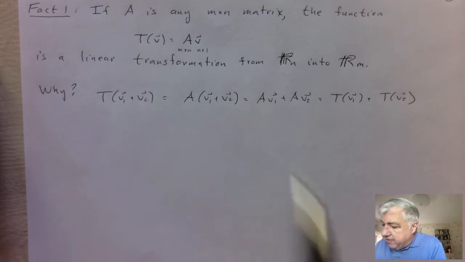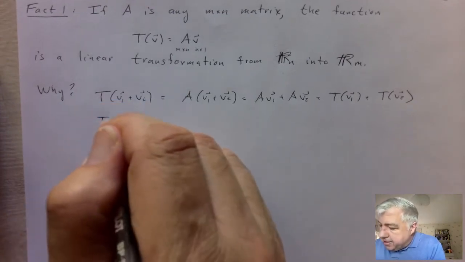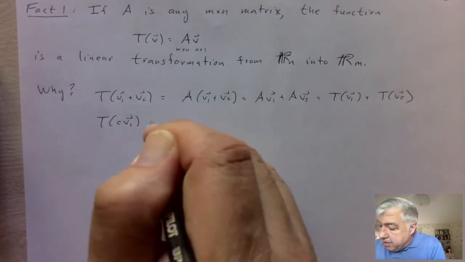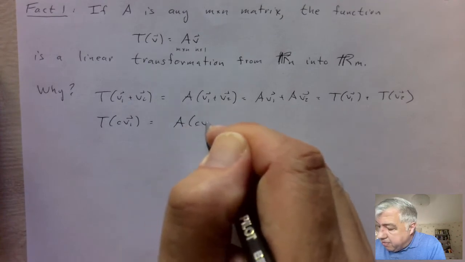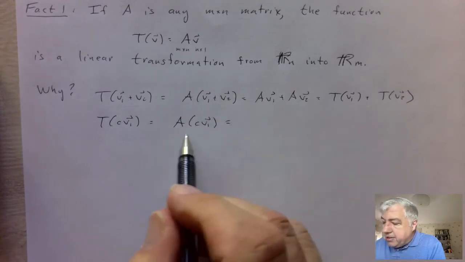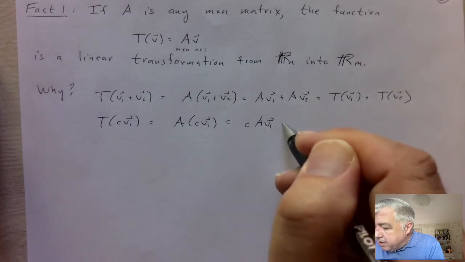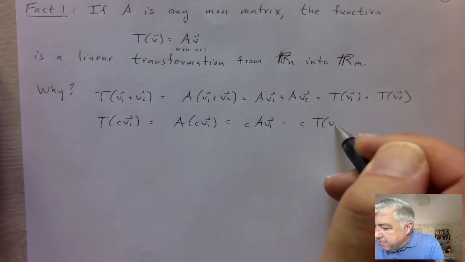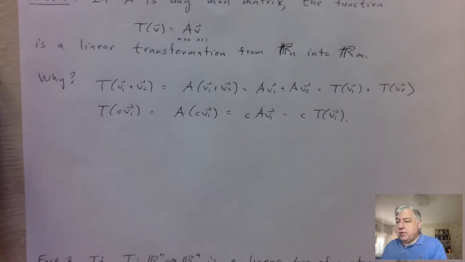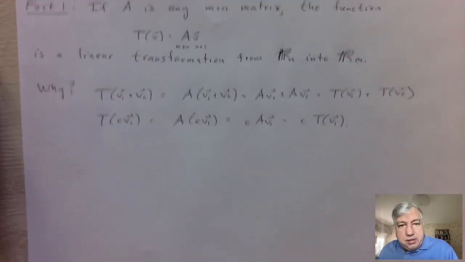And then T of cV1 is going to be A times cV1. By the associativity property, this is c times AV1, which is c times T of V1. So this is a linear transformation.